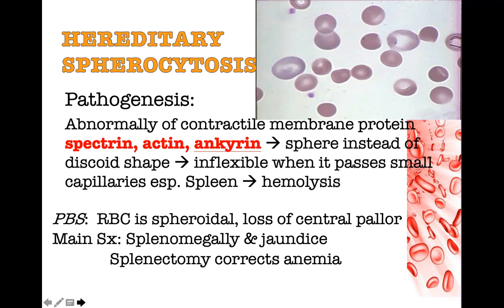So on peripheral smears, the red cell appears to be spheroidal and there is an absence of a central pallor. Main symptomatology, patients may present with splenomegaly as a result of constant hemolysis, and they may also present with jaundice as a result of increase in production of bilirubin. And in some patients, splenectomy may correct the anemia.